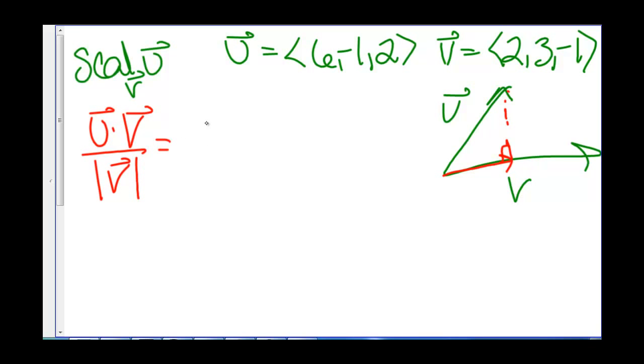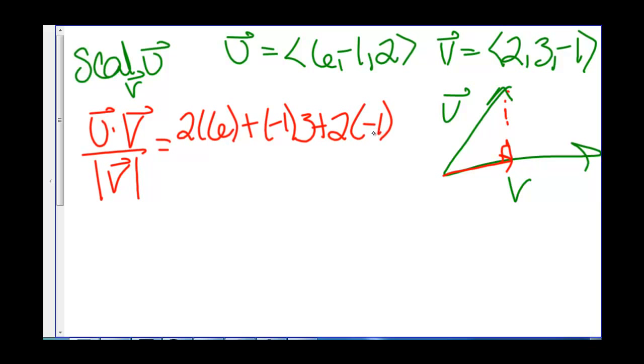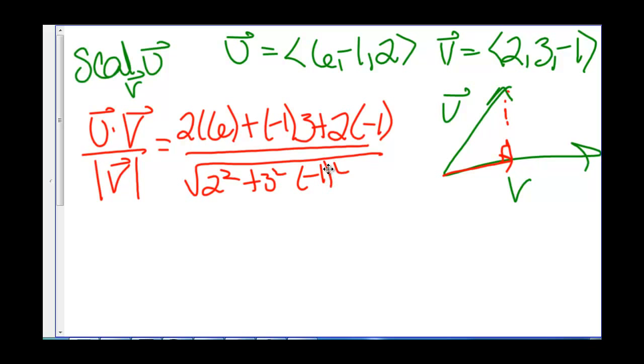So the u dot v is 2 times 6 plus negative 1 times 3 plus 2 times negative 1, all over the square root of 2 squared plus 3 squared plus negative 1 squared.